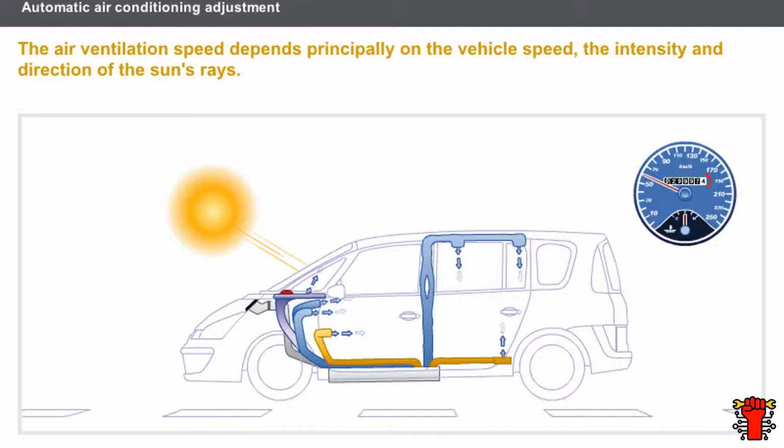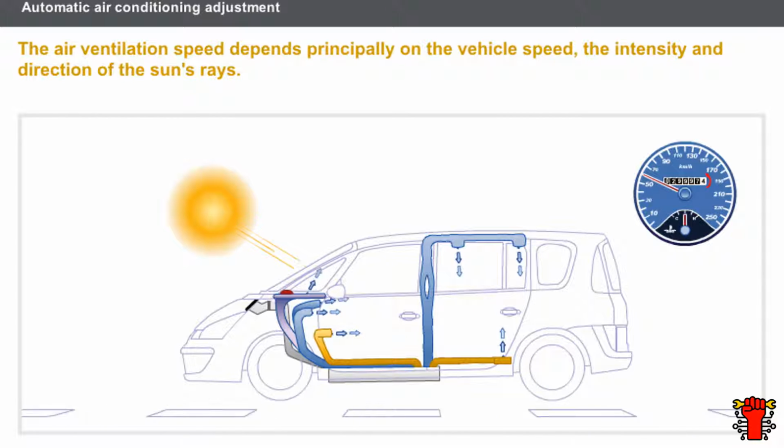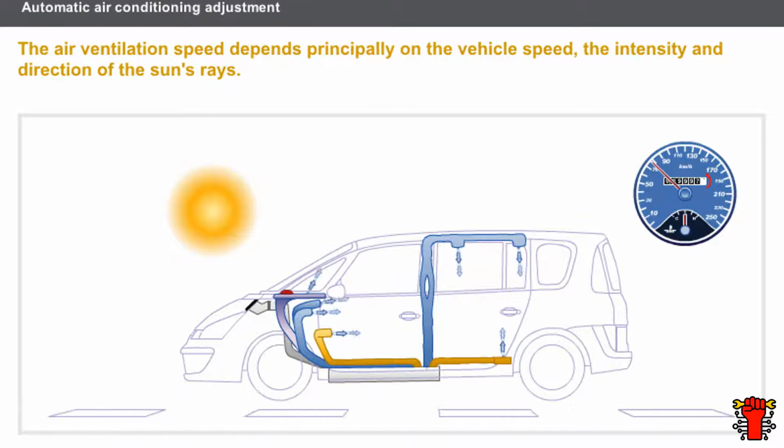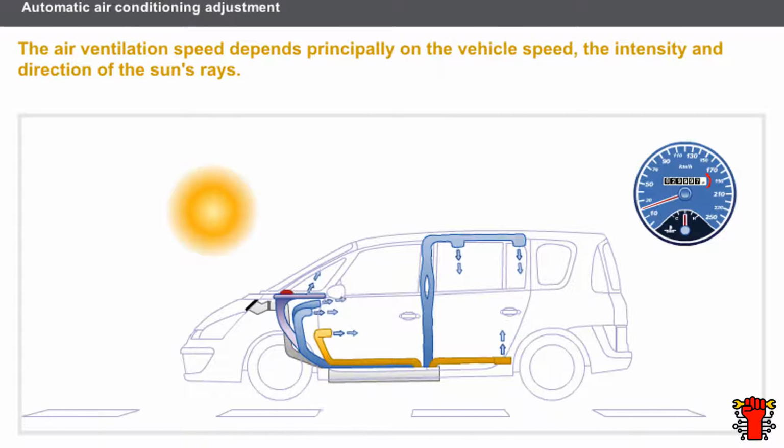The air conditioning computer controls the passenger compartment fan motor to increase its speed. If the vehicle speed slows down or increases, the ABS computer communicates this to the air conditioning computer. The air conditioning computer controls the passenger compartment fan motor to increase or decrease its speed.